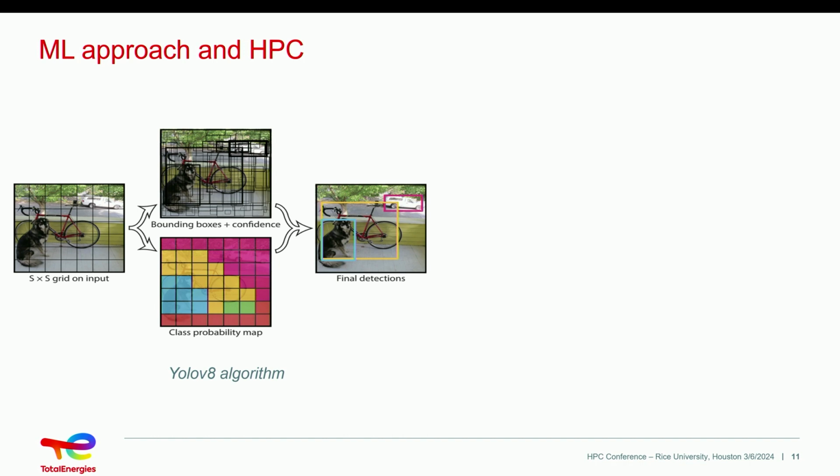Then there is another step that we call non-max suppression, where we remove all the unnecessary bounding boxes to end up with a nice result of the bounding box around your objects. And for instance segmentation, there is just an extra step to find the contours around the object.